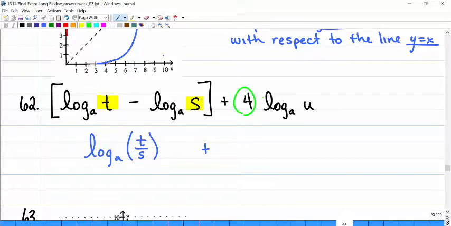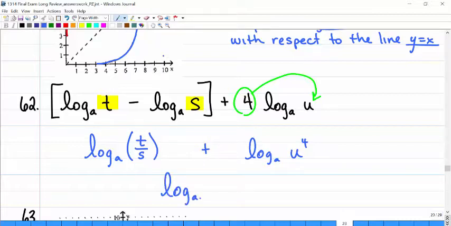Now this coefficient needs to come back up as an exponent, and I get log base a of u to the fourth. Now to combine these two logs, notice that I'm adding. How do you make 1 log out of that? I'm going to say log base a of t over s times u to the fourth. So I get the log base a of t times u to the fourth divided by s.